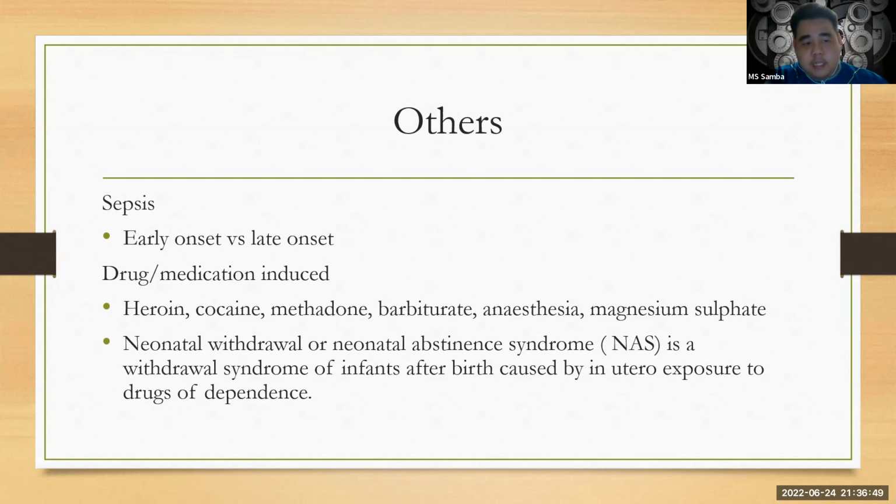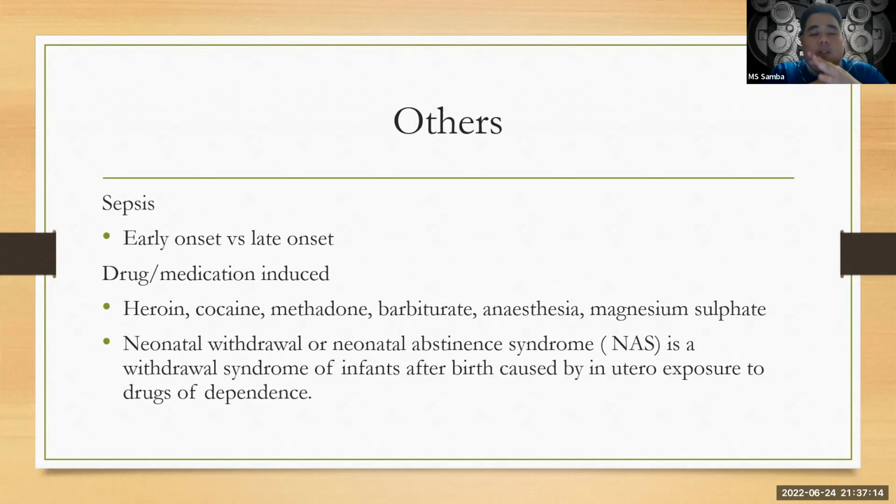Among the signs of sepsis, as we all know, there will be hypothermia, changes in the child's behavior, and other cardiovascular symptoms such as tachycardia and hypertension, and respiratory symptoms, where the patient can have cyanosis, tachypnea, and respiratory distress.